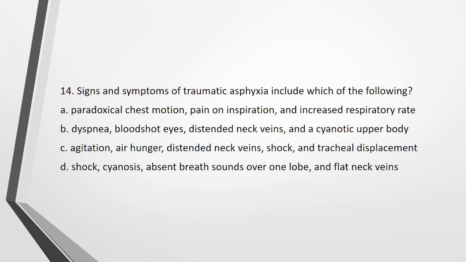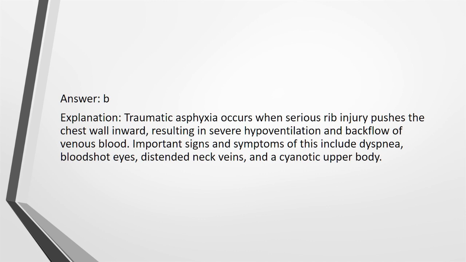D. Shock, cyanosis, absent breath sounds over one lobe, and flat neck veins. Answer B. Explanation: traumatic asphyxia occurs when serious rib injury pushes the chest wall inward, resulting in severe hypoventilation and backflow of venous blood. Important signs and symptoms of this include dyspnea, bloodshot eyes, distended neck veins, and a cyanotic upper body.